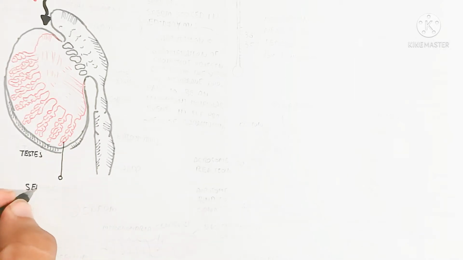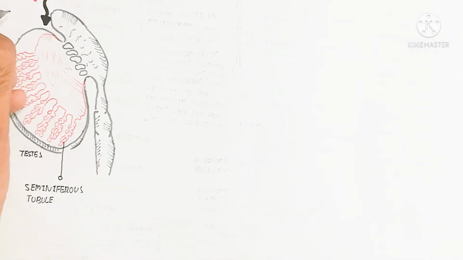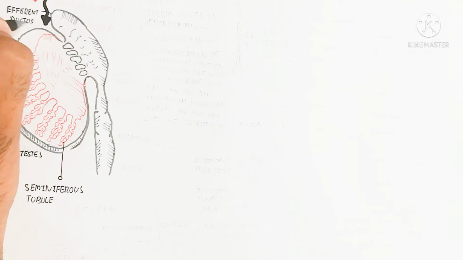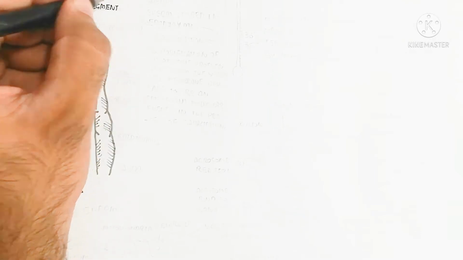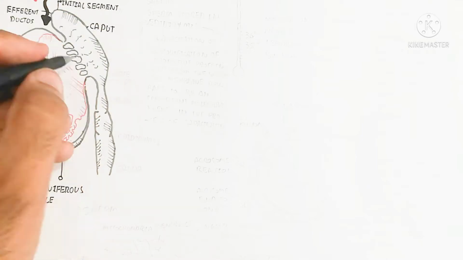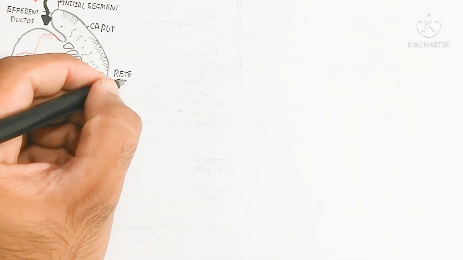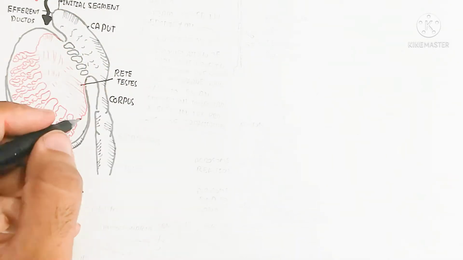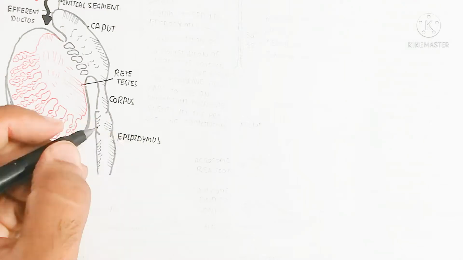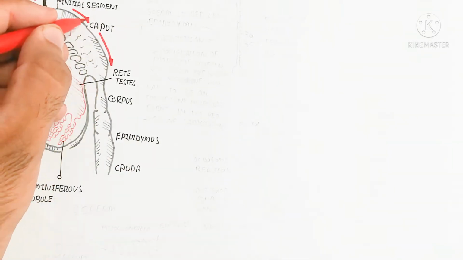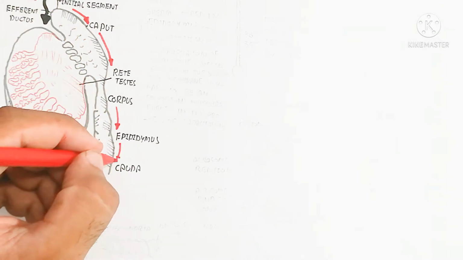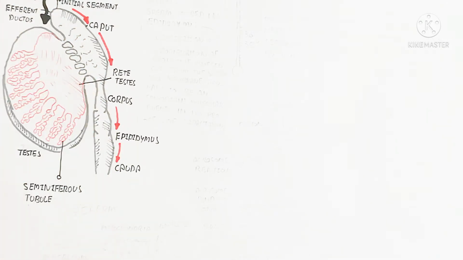The spermatids are formed after meiosis and stored in the initial segment, then move into the caput, first entering the rete testis, then go into the corpus, where the epididymis stores and matures them, and the cauda is used for releasing the sperm.